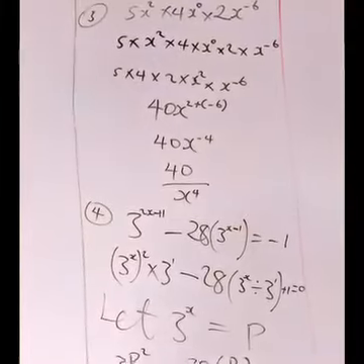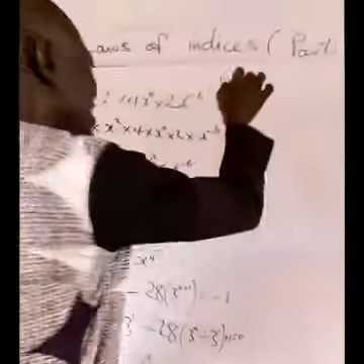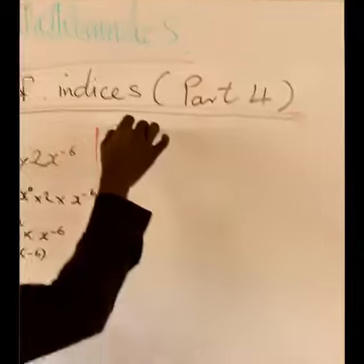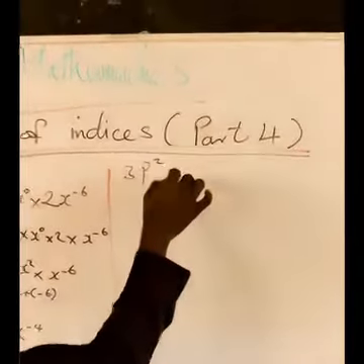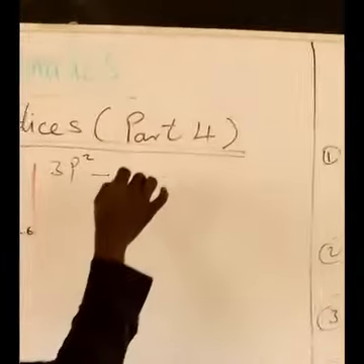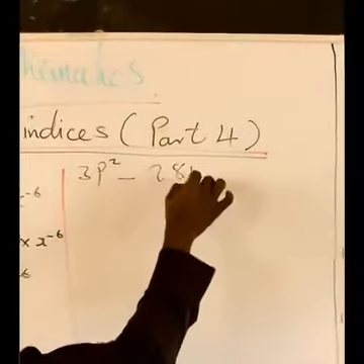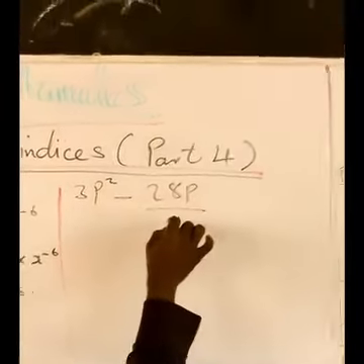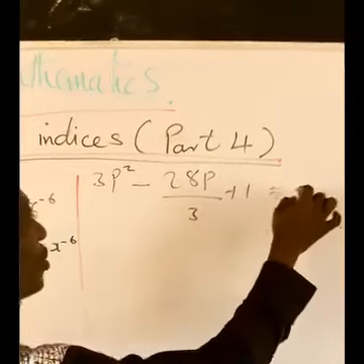Alright, what do we have now? We are going to have 3p raised to the power 2 minus 28p over 3 plus 1 being equal to 0.